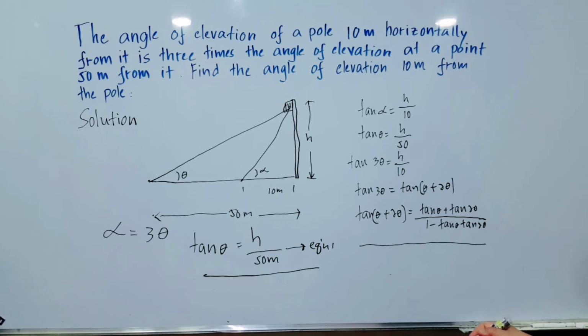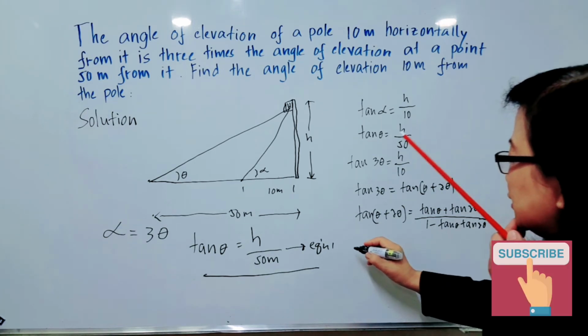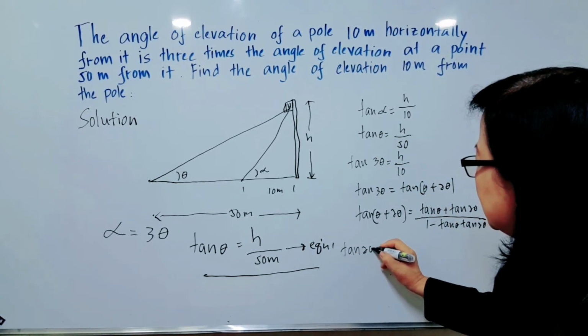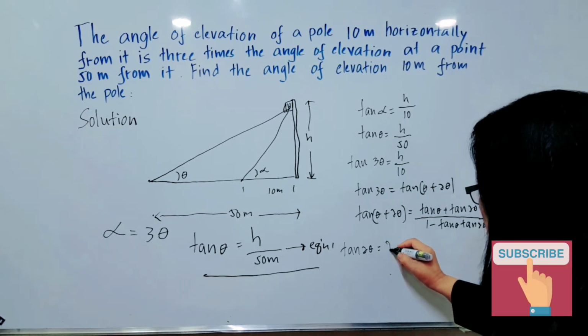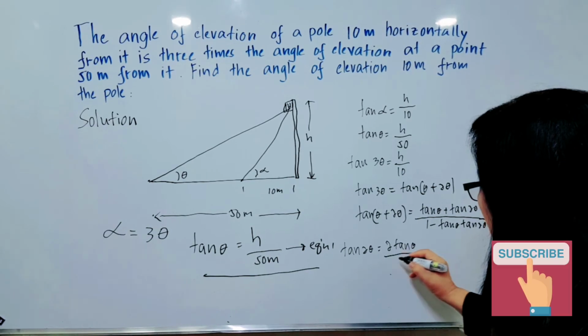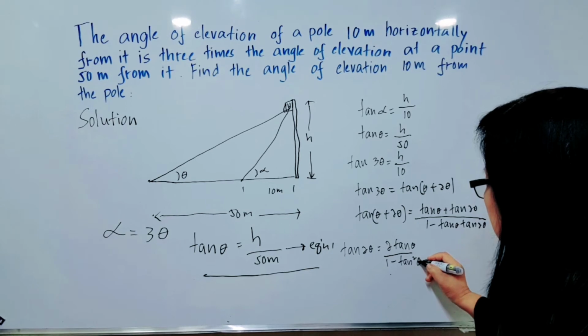Now, from here, tangent 2 theta in trigonometric identity is equal to 2 tangent theta over 1 minus tangent squared theta.